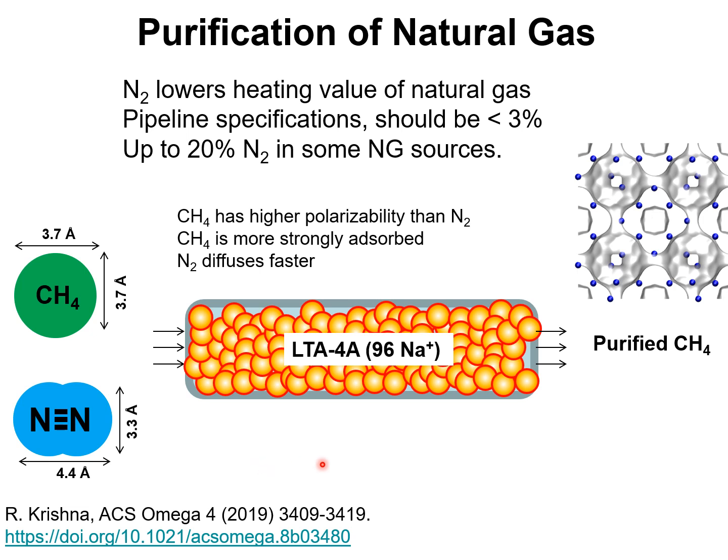Since the operation of such fixed beds is in a transient mode, in the early stages of transience, the crystallites of 4A zeolite are richer in nitrogen because it diffuses faster into the cages.